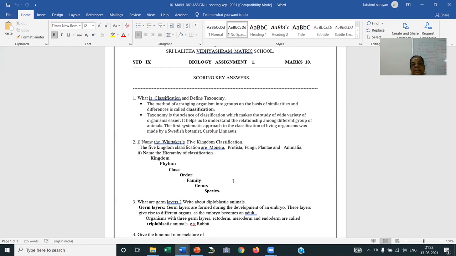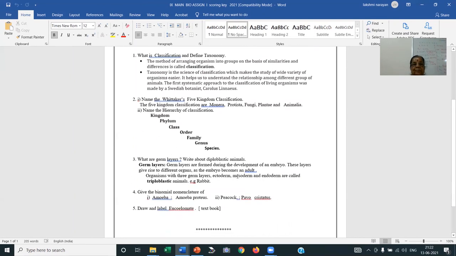Then name the hierarchy of classification in ascending order: kingdom, phylum, class, order, family, genus, and species. I hope you follow.